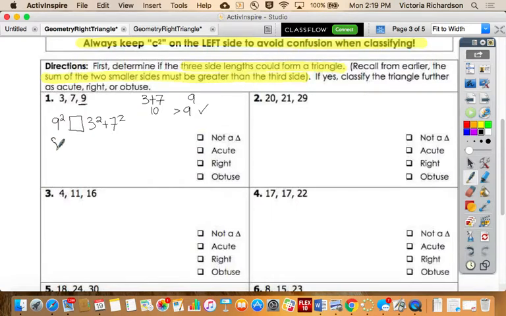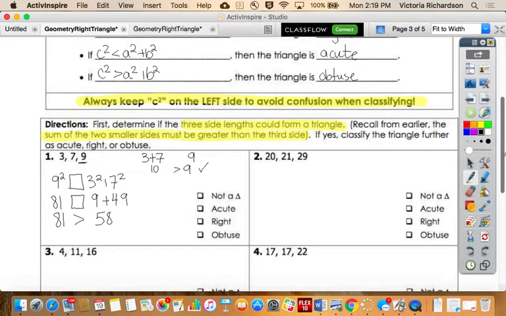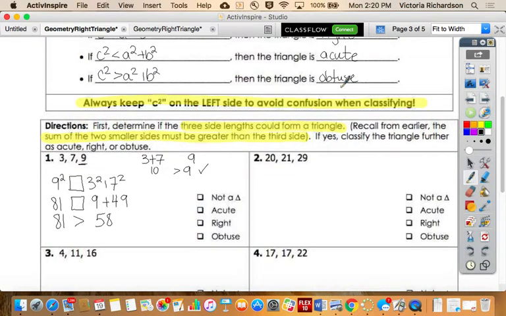So 9 squared is 81, and 3 squared is 9 plus 49. And when I add 9 and 49 together, I get 58. And in this case, 81 is greater than 58. And if we go back to our notes, if you have greater than, that means we're going to have an obtuse triangle.